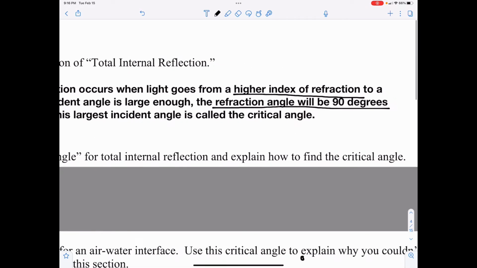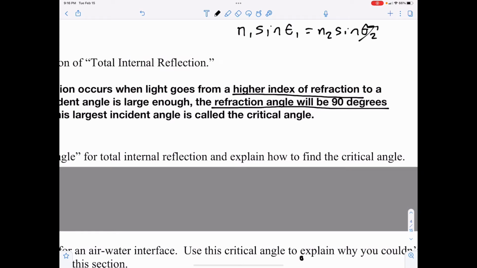Take your Snell's law equation: N1 sine theta 1 equals N2 sine theta 2. Well, theta 2 is going to end up being 90 degrees, and the sine of 90 is 1. So you end up with N1 sine theta 1, where theta 1 now becomes theta c, the critical angle, equal to N2.